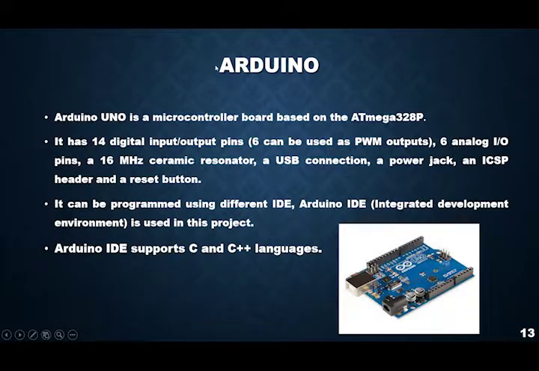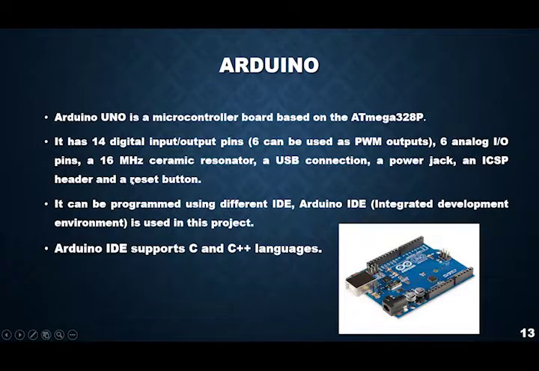Arduino. As I said earlier, in our project we have used Arduino as our basic microcontroller. So why did we choose Arduino? What Arduino Uno did we choose? I'll go through it. Uno is a microcontroller board based on the ATmega328P. It has 14 digital input-output pins, 6 analog input-output pins, a 16 megahertz ceramic resonator, a USB connection, a power jack, an ICSP header and a reset button.